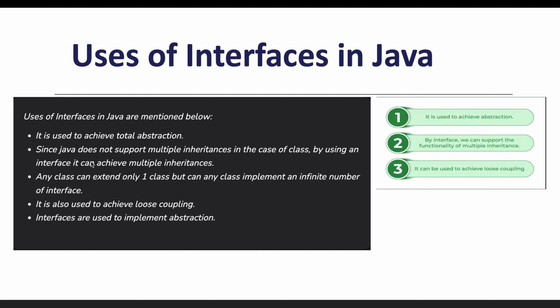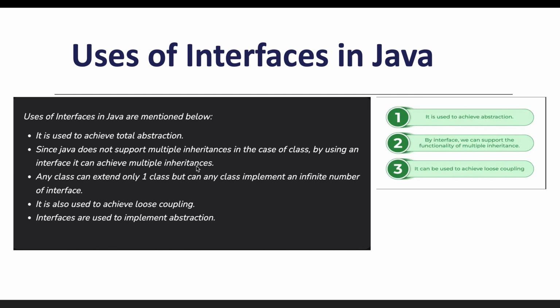Another use of the interface is that Java does not support multiple inheritance in case of classes, because one class cannot extend multiple classes because of the ambiguity problem. That's what we have seen in the inheritance concept, right? But by using the interface, we can achieve multiple inheritance.